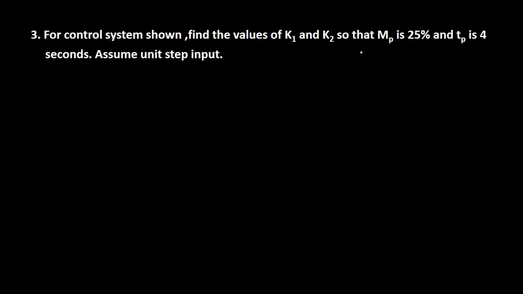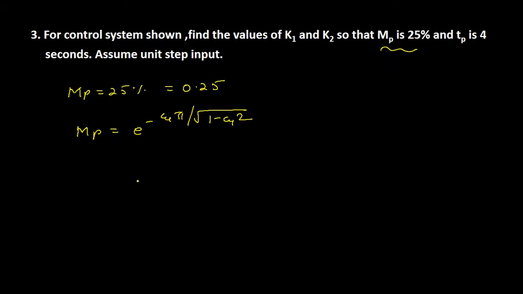Now it is given in the question that the maximum overshoot Mp is equal to 25%, which is equal to 0.25, and we know the formula for Mp, which is equal to e to the power minus zeta pi divided by under root 1 minus zeta square. Now we put the value of Mp here, we'll get 0.25 is equal to e to the power minus zeta pi divided by under root 1 minus zeta square.